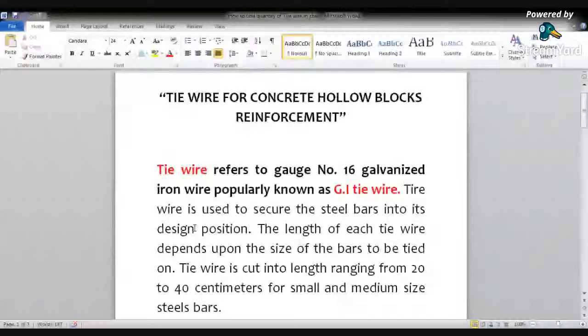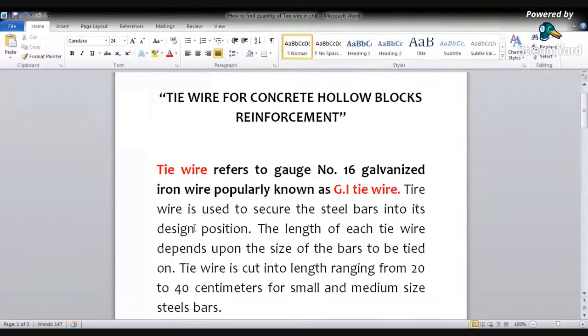Okay, so let's go to our topic. So this is tie wire for concrete hollow blocks reinforcement. So ito yung pangtali. What is tie wire? Tie wire refers to gauge number 16 galvanized iron wire, popularly known as GI tie wire.